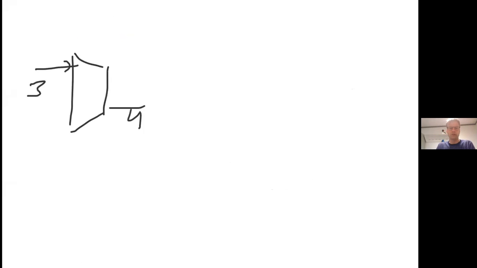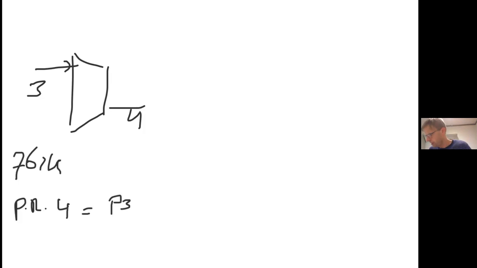We calculated, of course, the inlet of the turbine, which we calculated to be 761 Kelvin. Now the pressure ratio is 4, so that is P3 divided by P4.